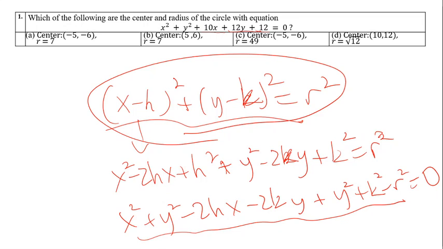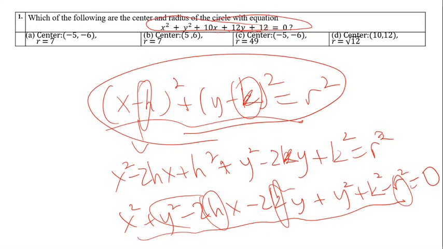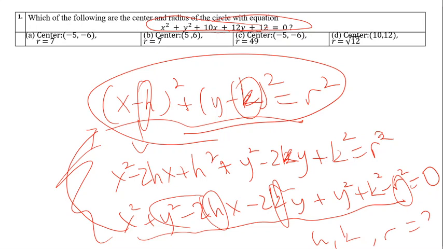So our goal is to use this one to get h and k. We're trying to go back: we find h from here, k here, and r from here.